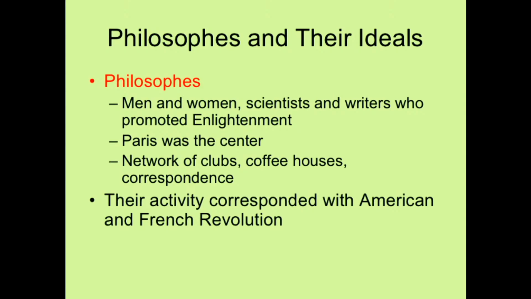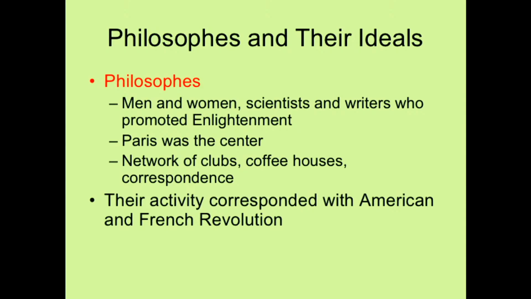Coffee houses are an interesting phenomenon that came from the Middle East. After we take our first test, I will tell you more about the origin of coffee houses. So anyway, these philosophers and intellectuals promoted the scientific revolution and enlightenment, trying to use natural laws to improve the life of society.